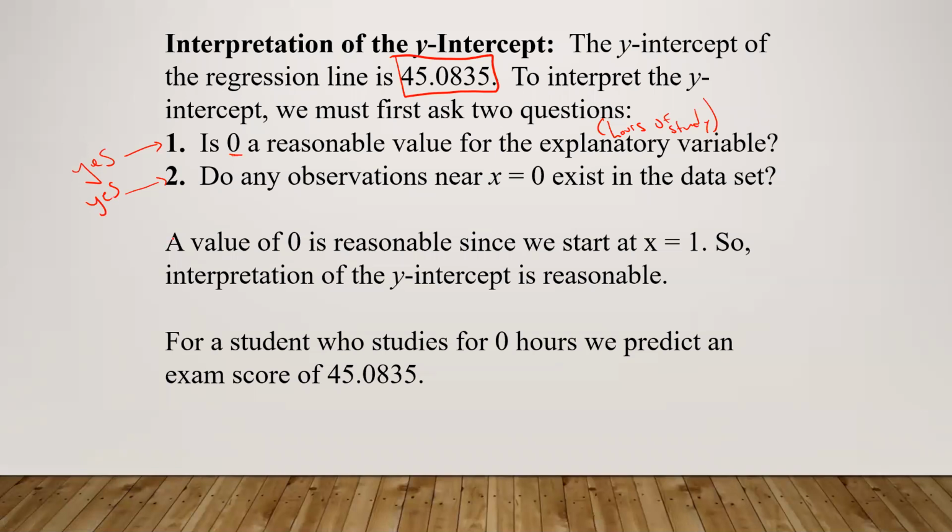We'll do an example where you'll see it's not reasonable, but if you answer both of these yes, it's reasonable. What we can say then is somebody who studies for 0 hours, we predict their exam score to be this, the Y-intercept.